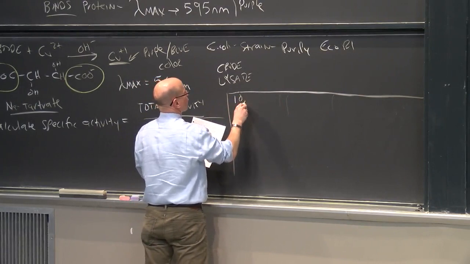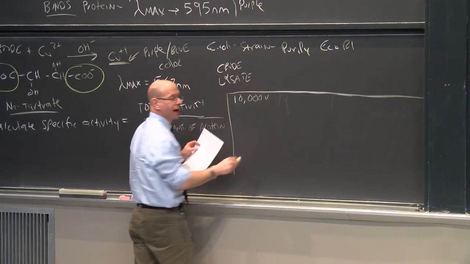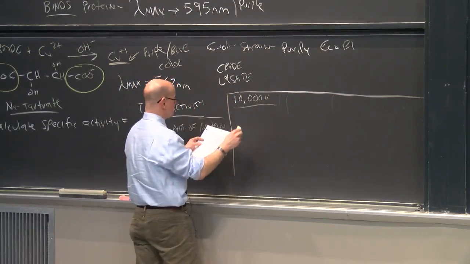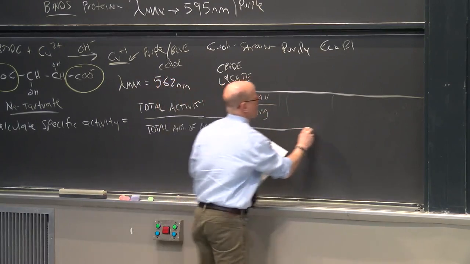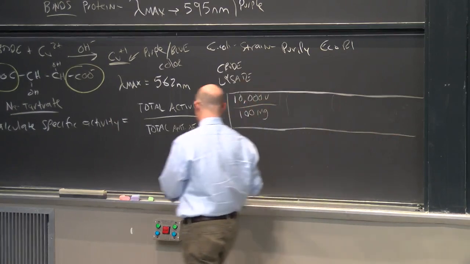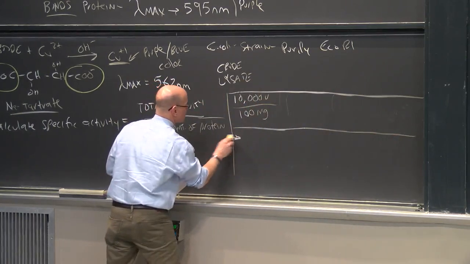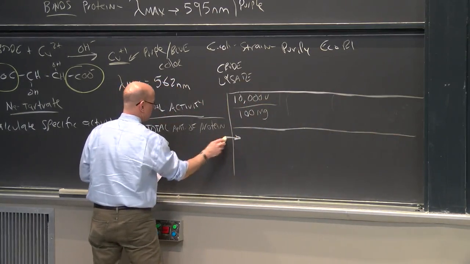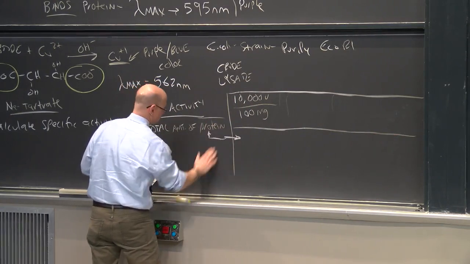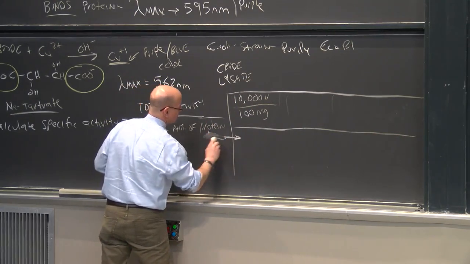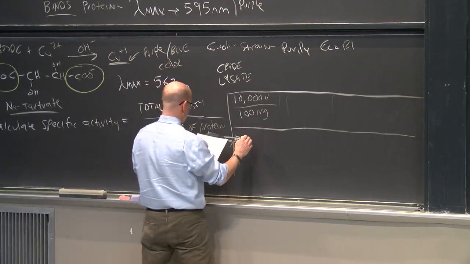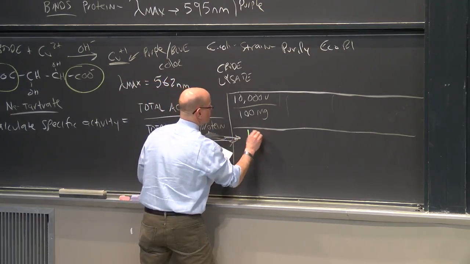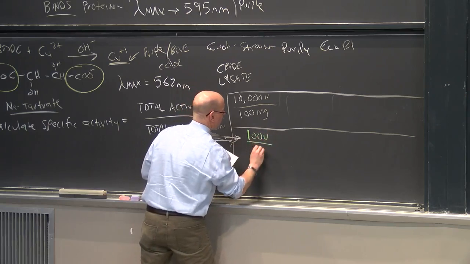So maybe I start and I have 10,000 units of activity, right? And I measure my total protein and there's 100 milligrams of protein. So what this means then is that my specific activity, this term, specific activity, is then simply 100 units per milligram.